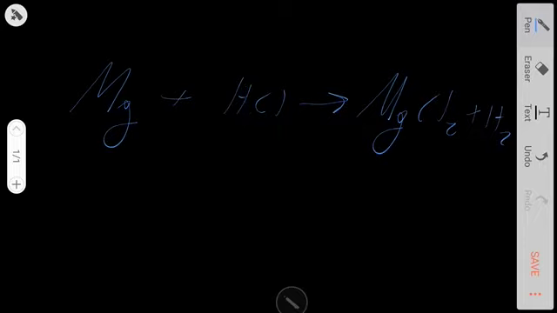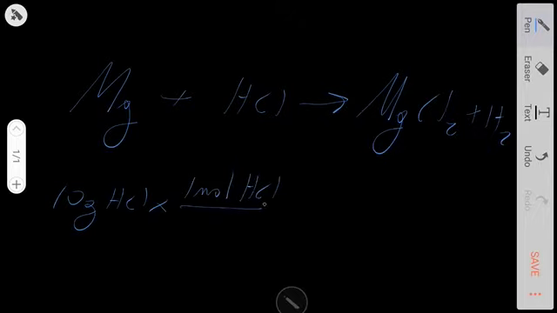If I were to have, for example, 10 grams of HCl, how many moles is that? Again, you have to multiply it by moles over grams. So in 1 mole of HCl, how many grams do I have?